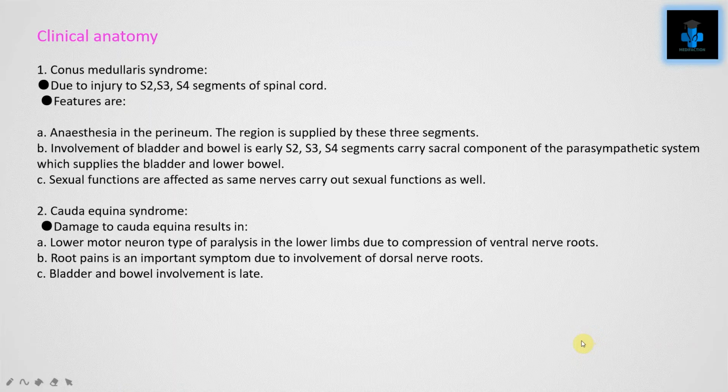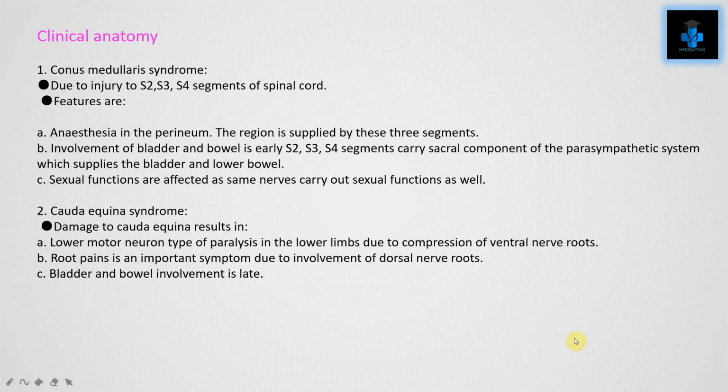Clinical anatomy. Number 1. Conus medullaris syndrome. Due to injury to S2, S3, S4 segments of spinal cord. Features are A. Anesthesia in the perineum. The region is supplied by these three segments.